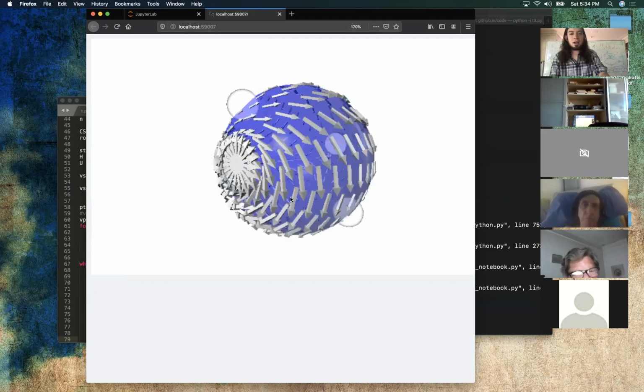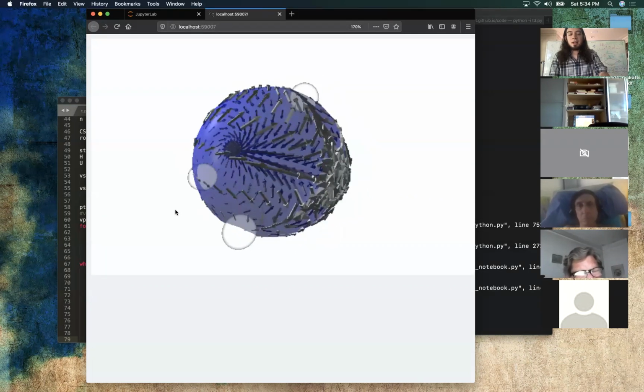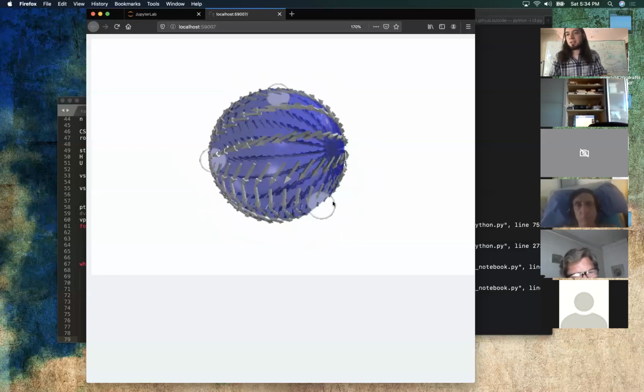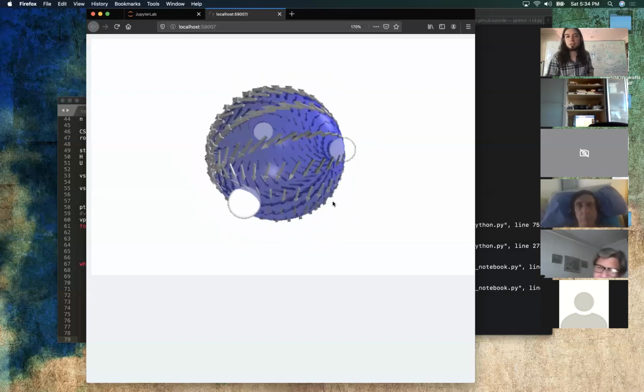And you can think about this as indeed like a wave function on the sphere. And it is completely defined by the places where it's 0, in the same sense that a polynomial is defined by its roots.